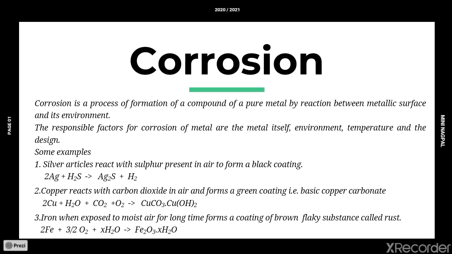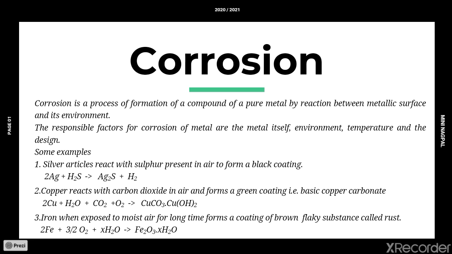Now, what is corrosion? We have already dealt with this topic in the first chapter, and you must be knowing about it. But let's do it once again with a few more details added to it. Corrosion is when the metal is exposed to the environment, it reacts with the substances present in the environment.